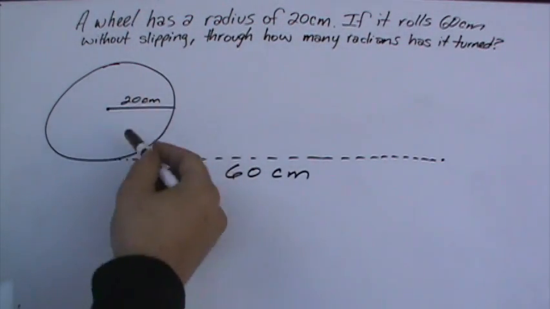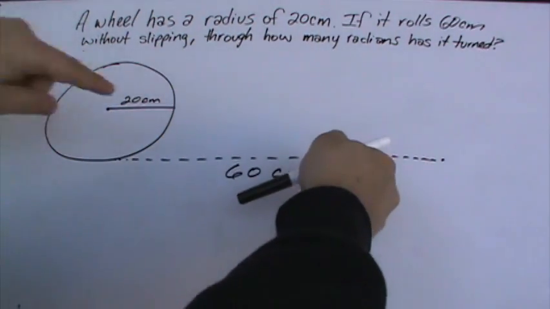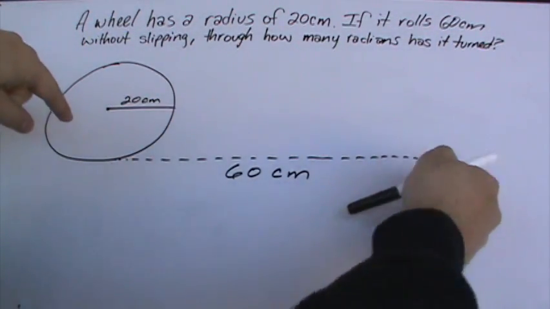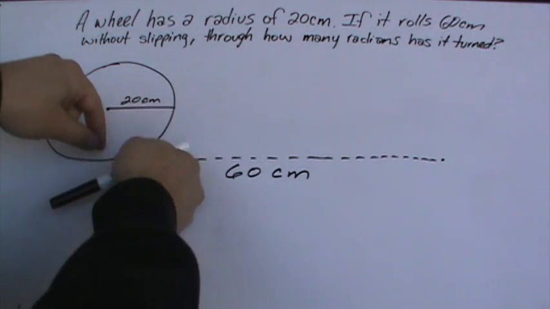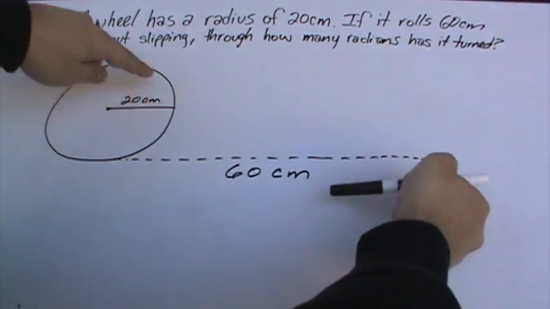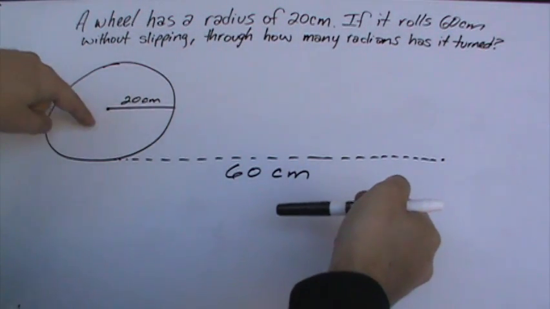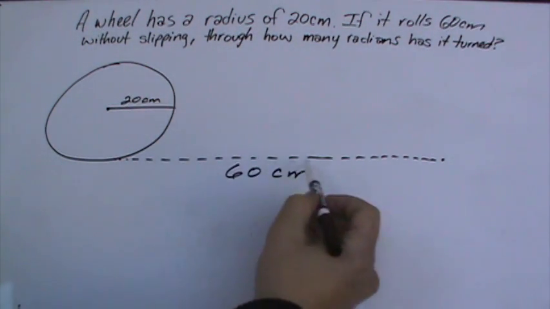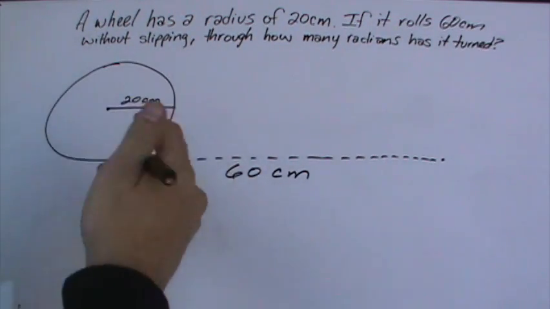If it's wound up, you take a piece of the thread and you start rolling it, and you're going to get some thread as you start pulling it out. That's what they're saying. If you rolled it out 60 centimeters, how much has this roll of thread turned? This yarn that's rolled out, you could roll it back on if you wanted to.